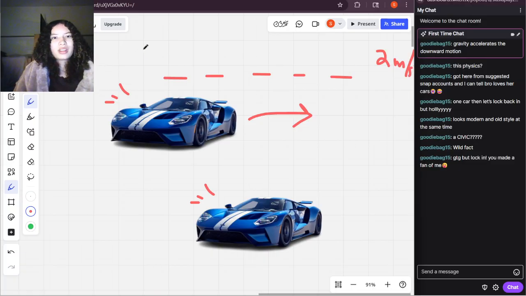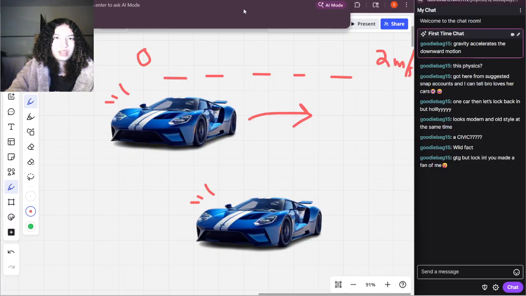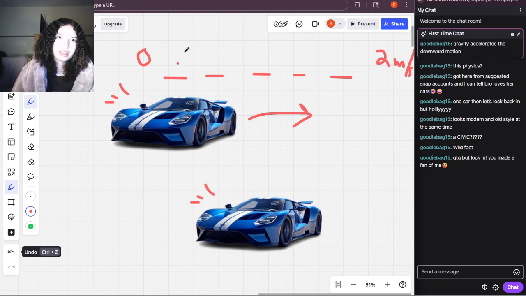Well, from rest to 2 meters a second, how would I determine that? Would I just divide 2 by 5? 0.4 over each second?